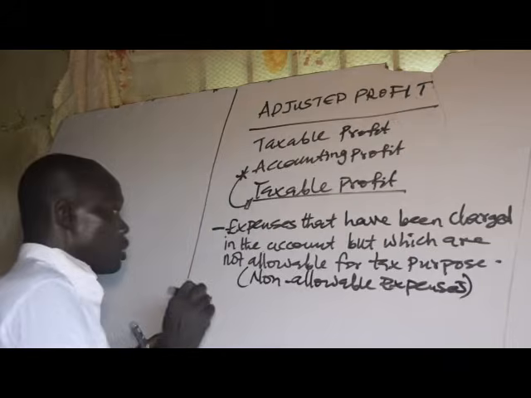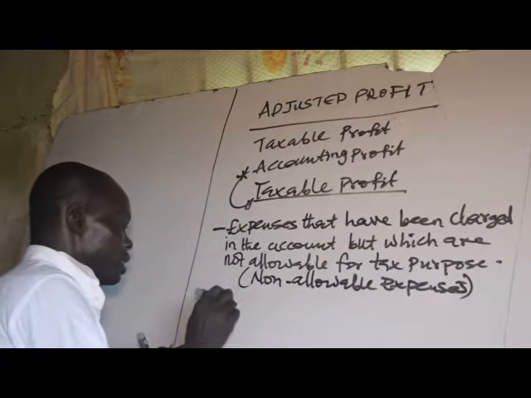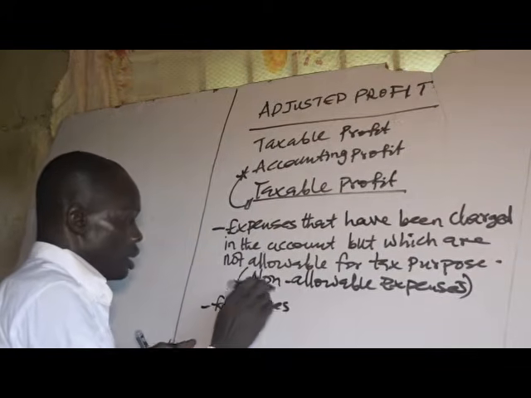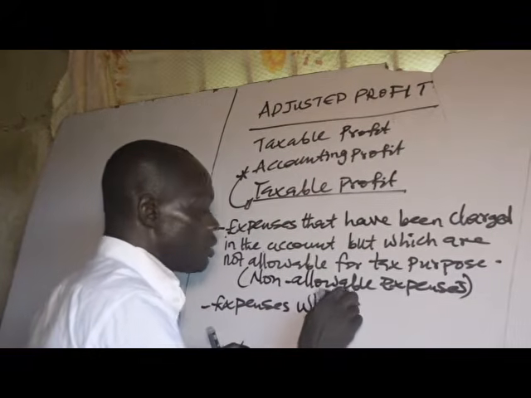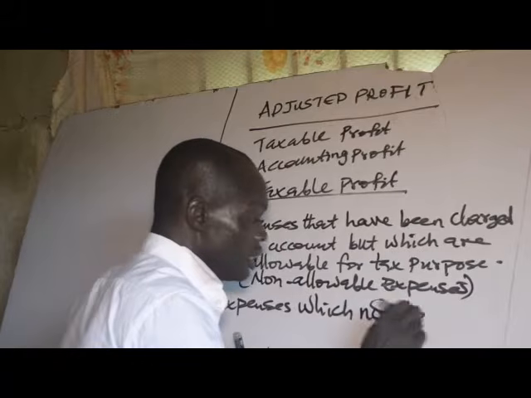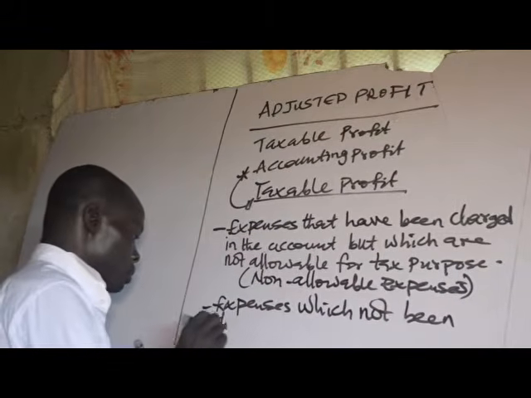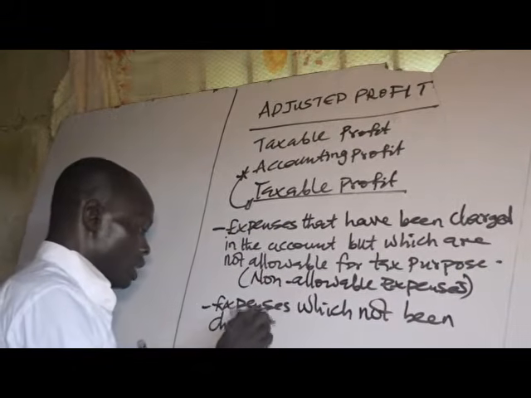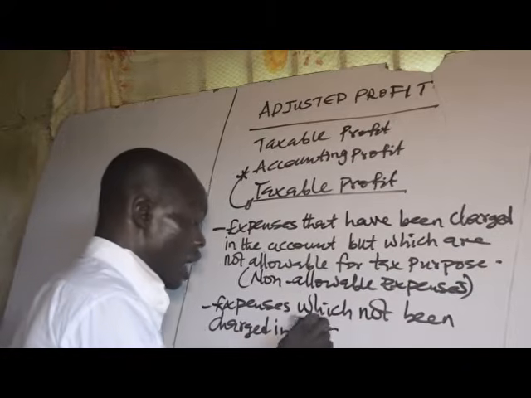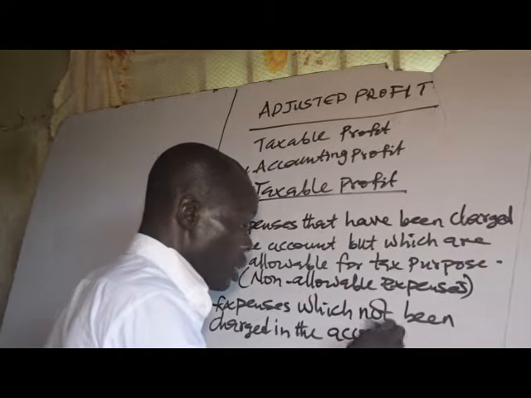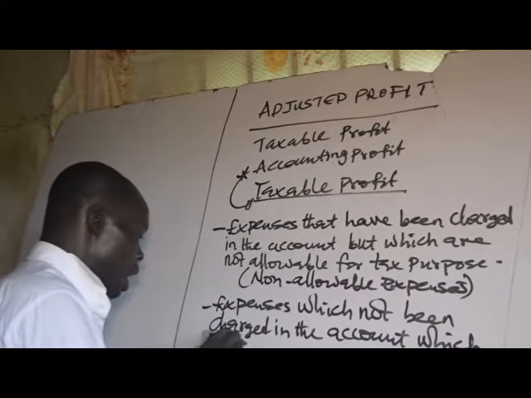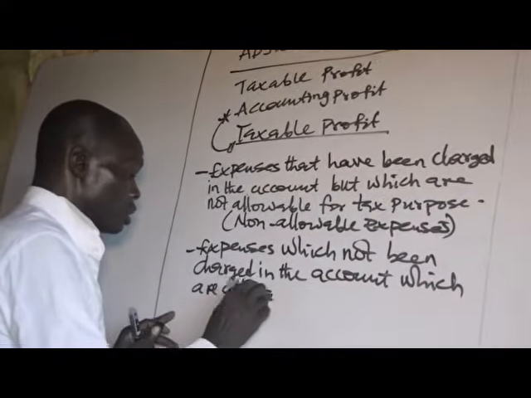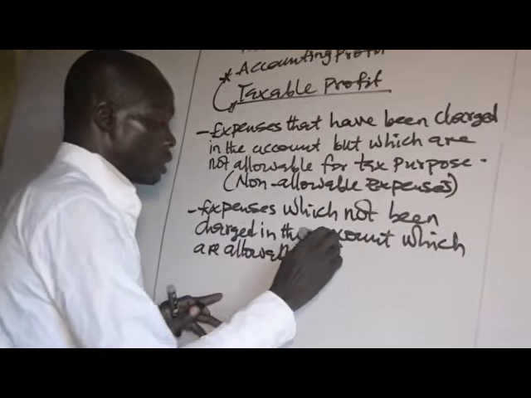Number two, we have those expenses which have not been charged in the account, which are allowable for tax purpose.